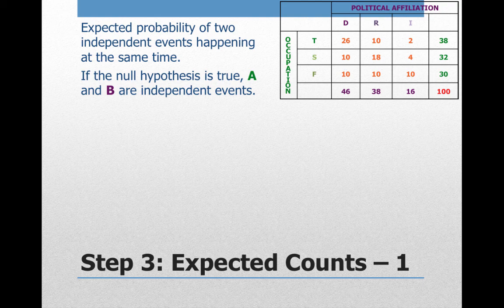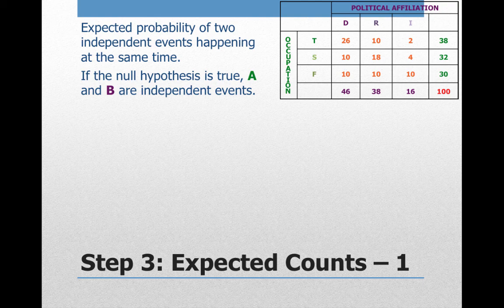So if we assume that the null hypothesis is true, then we can expect to see a certain amount of people that are Democratic teachers, that are Republican salespeople, that are independent farmers.